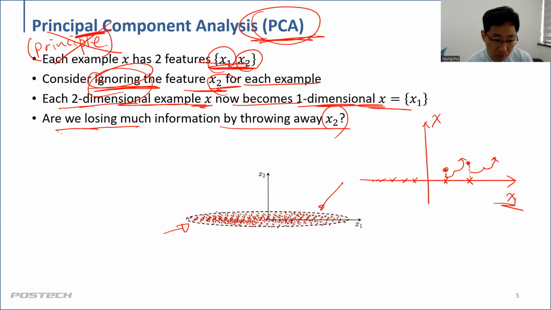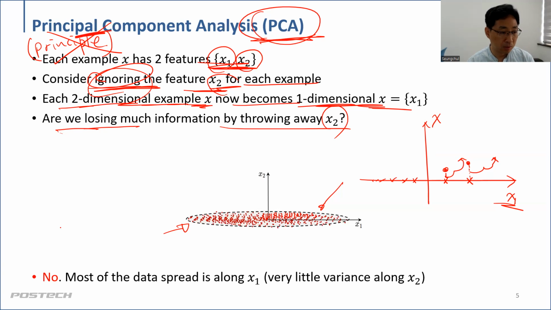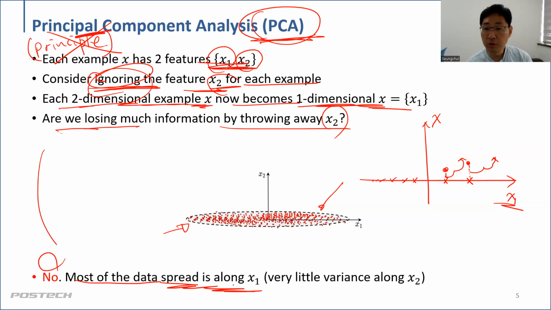No, because this is the amount of information that we lose when we decide to do dimension reduction or PCA. So I guess there is a high chance we can do PCA here. So the answer is no. Most of the data is spread along x of 1. This is important.